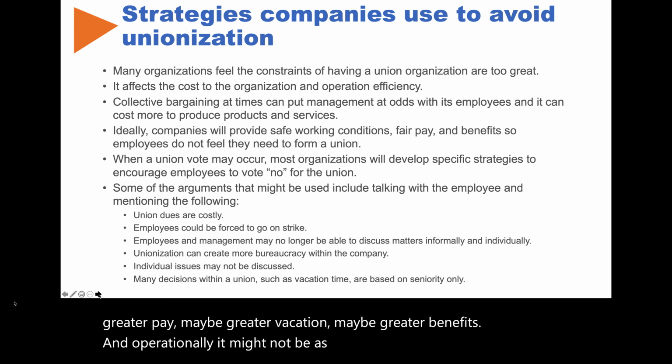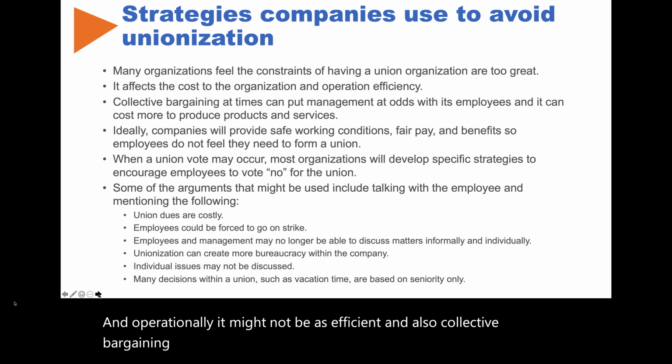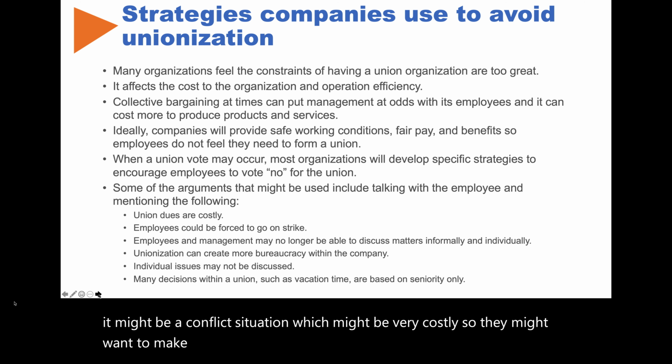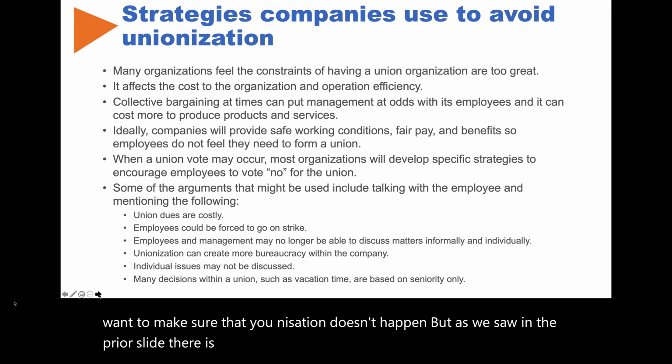And also collective bargaining, of course, can put management at odds with the employees, so it might be a conflict situation, which might be very costly. So they might want to make sure that unionization doesn't happen. But as we saw on the prior slide, there is not very much that they can do about that.